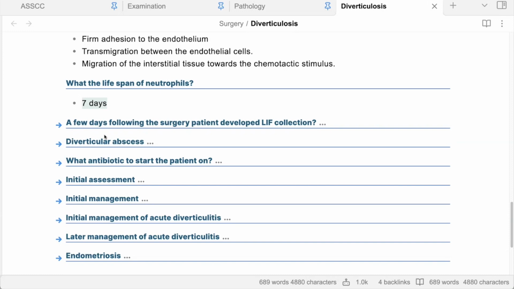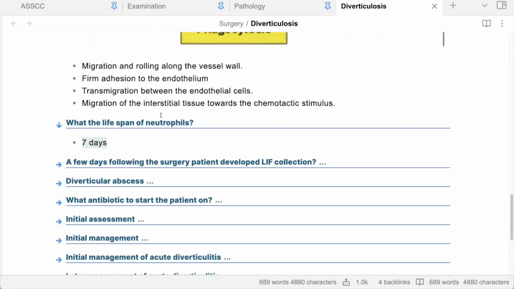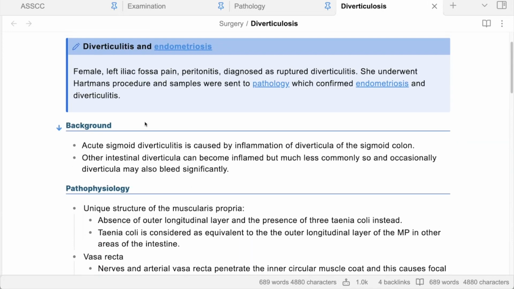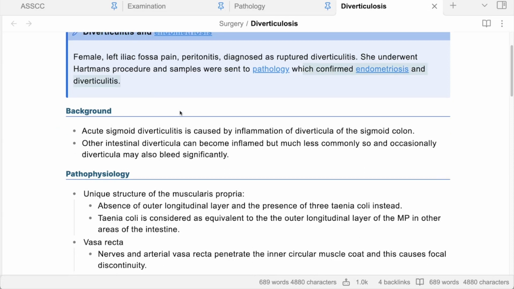So Nazir, I think you're really stuck with the notes that you're reading, which is okay, it's not bad. But I think this is the right answer. If you remember when we explained it first, we said that this patient has ruptured diverticulitis, diagnosed with ruptured diverticulitis. So that could be one. It's a diverticular collection. So basically, intrapelvic collection from the diverticulitis, and we confirmed that they do have endometriosis and diverticulosis as well.